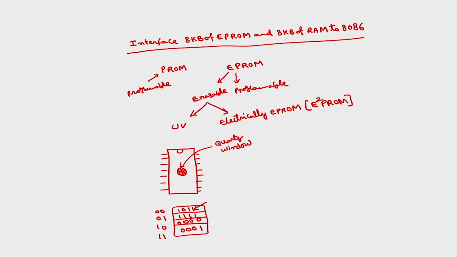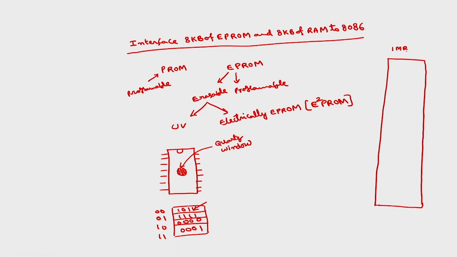Then we have random access memory: 8 kilobytes of EPROM and 8 kilobytes of random access memory. So the first step here is to choose appropriate memory locations out of this 1 megabyte of memory, the total memory space, from 00000H to FFFFFH.